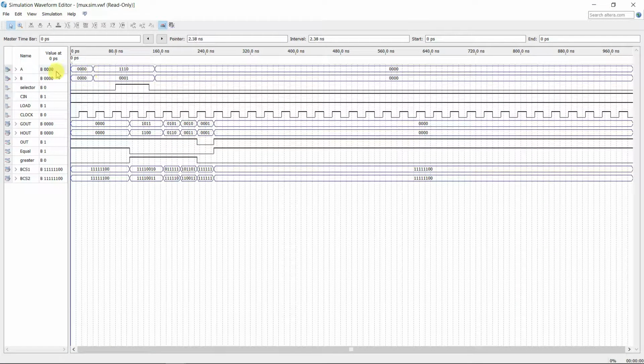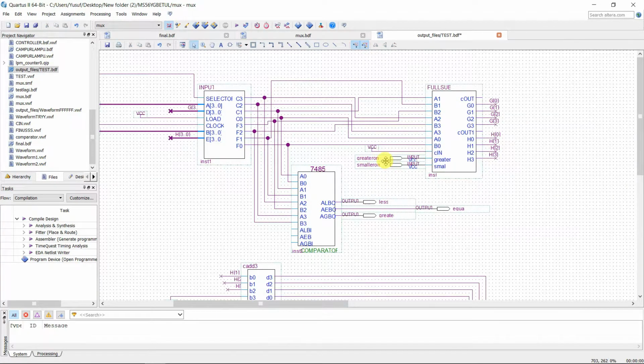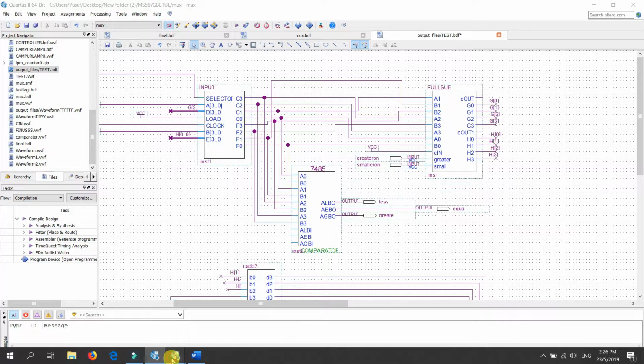For the data path output, we have selected A and B: B is 0001, A is 1110. Then the selector, carry in, load, everything is high. For debugging, we have used this data, but it's not working because our input is not connected yet, because this input will come from the controller unit.